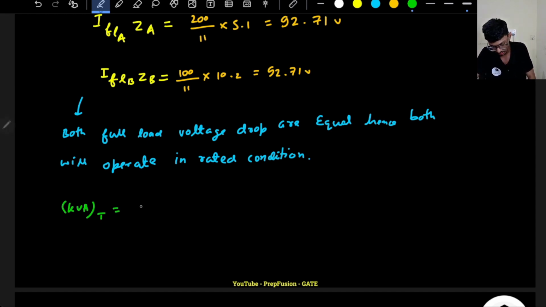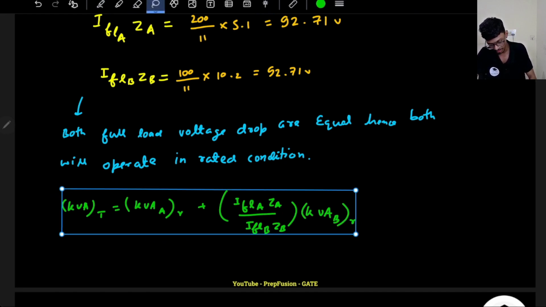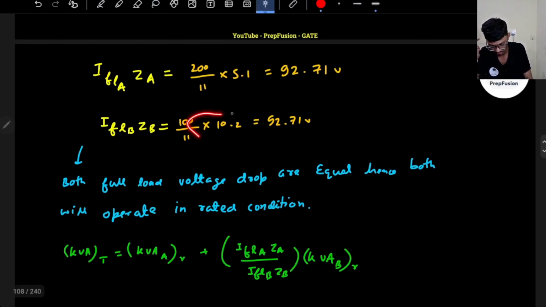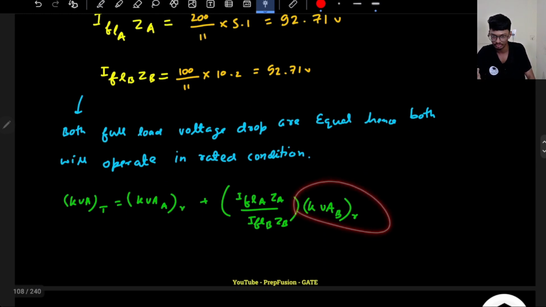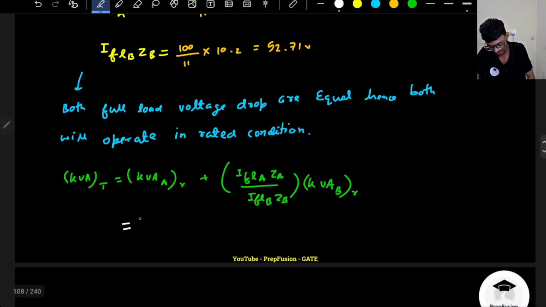So kVA total is transformer A kVAR plus the voltage drop in transformer A, ZA, divided by the voltage drop in transformer B into the kVBR. Are you observing something? These two drops are same only, so automatically it is kVAR only. Even if you don't believe me, you will write the same value. So this will be kVAR plus kVBR.